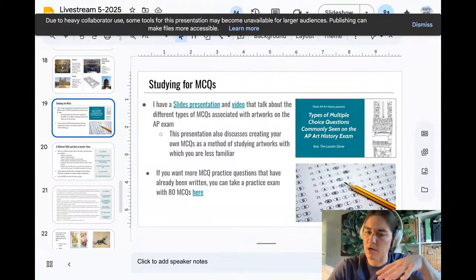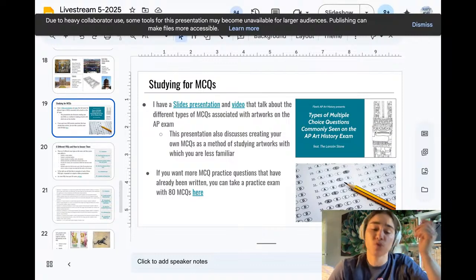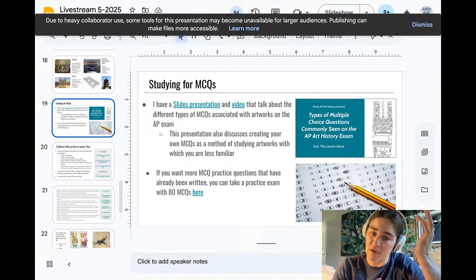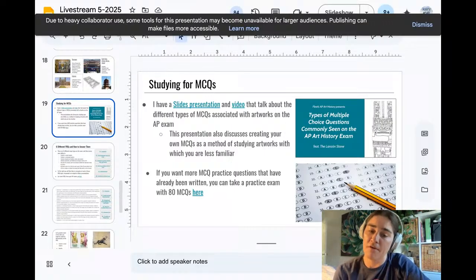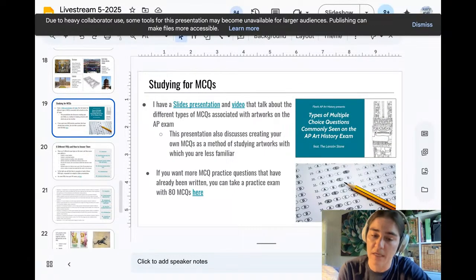I've never been a part of the grading process for the College Board, but a lot of the students that I've had in my class that routinely get like 75%, 80% on the multiple choice and do really well in their essay questions will get a 5 on the exam. So I wouldn't necessarily look at it as like, oh, I got like a 50 out of 80, I'm not going to get a passing grade. That's not the way that it works.